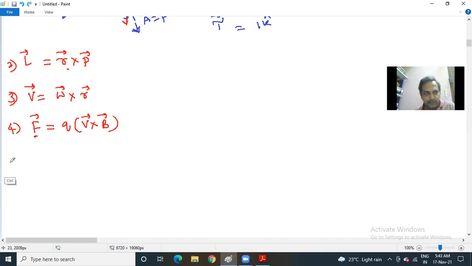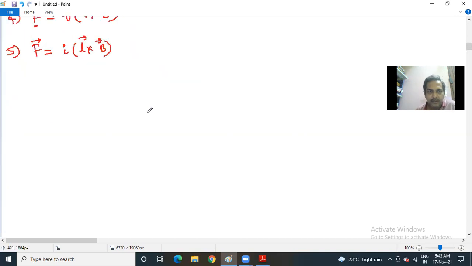There is another example also. The force acting on a current carrying conductor of length L will be I L cross B. So these are all the examples for cross product. Now let us proceed with the properties.